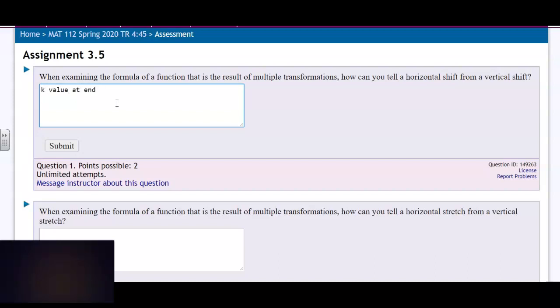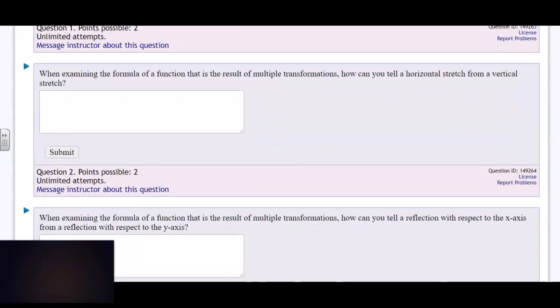The horizontal shift is the H value that's next to the x inside. The key thing is inside parentheses. Horizontal changes have to do with values inside the parentheses, and vertical changes have to do with values outside the parentheses. That's the key thing to keep track of.